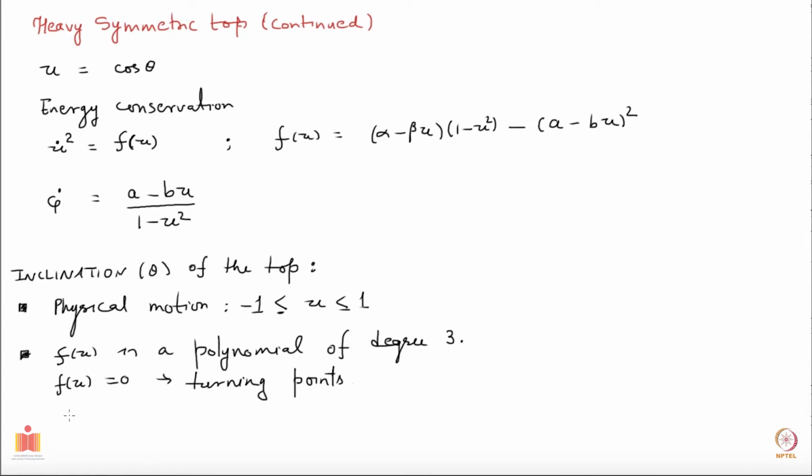Okay, that's good. Now f of u equal to 0 is a cubic equation, and you know from the fundamental theorem of algebra that this will have 3 roots in general. Okay, so let me write it down. So your fundamental theorem of algebra tells you that there are 3 roots for the equation f of u equal to 0.